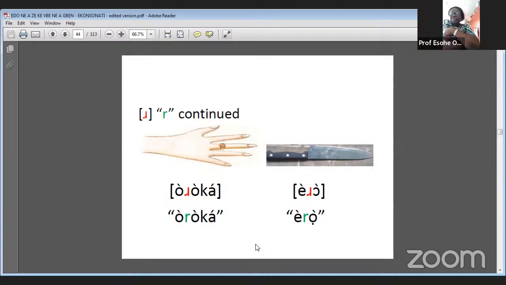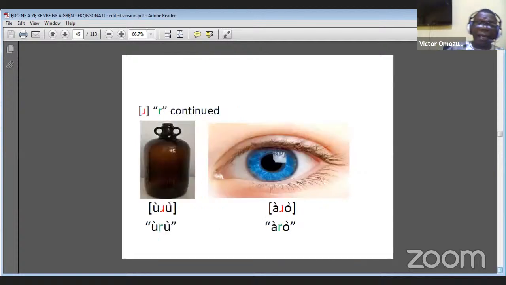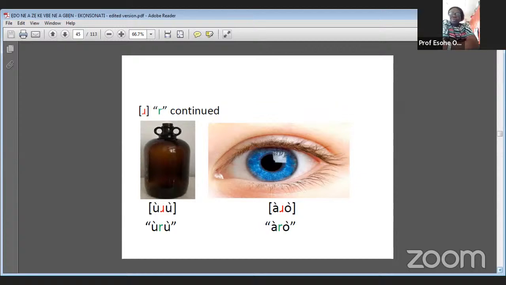Ohoge. Then you have it there, uru. Uru is a jar that in those days somebody used for storing palm wine. And then over there, Aro, as you can see there.